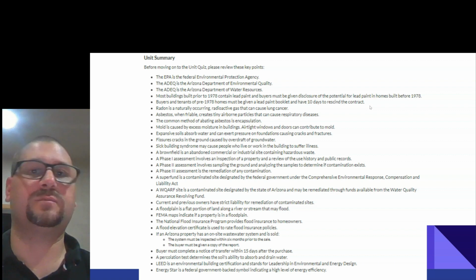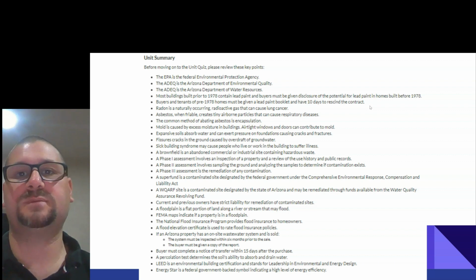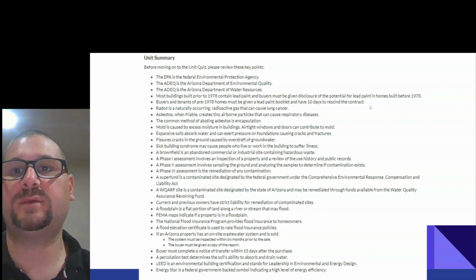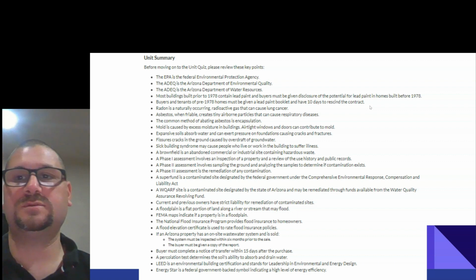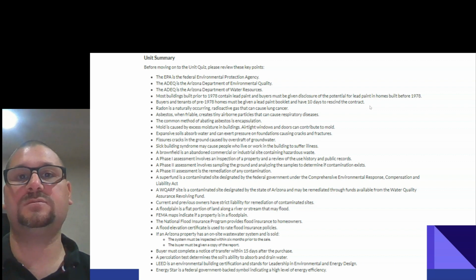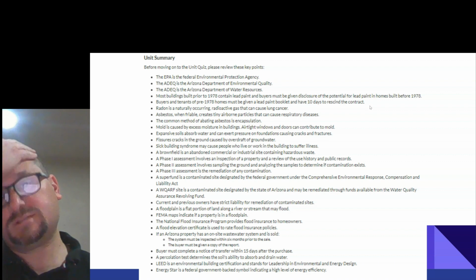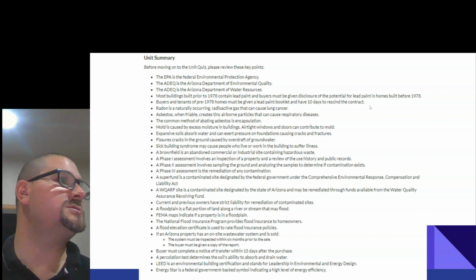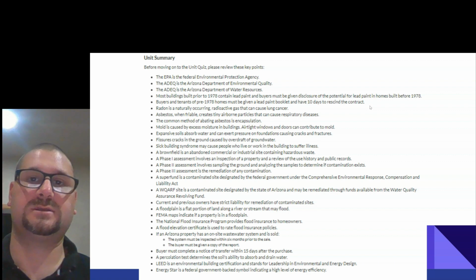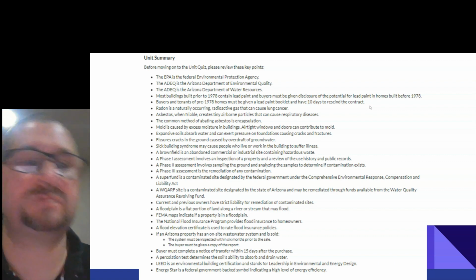Most buildings built prior to 1978 contain lead paint, and buyers must be given disclosure of the potential for lead paint in homes built prior to 1978. Buyers and tenants of pre-1978 homes must be given a lead paint booklet and have 10 days to rescind the contract. So what does rescind mean? It means to cancel the contract. You got 10 days to cancel.